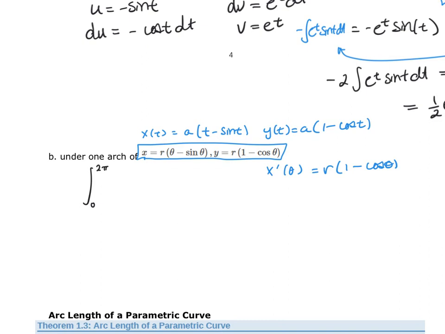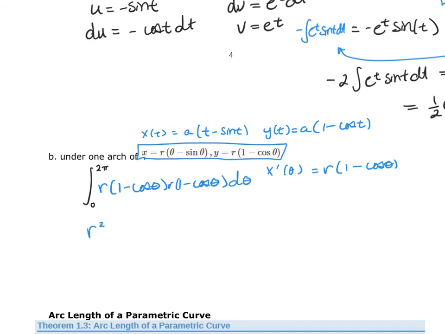So then this is going to be my y of t, which is going to be r times 1 minus the cosine of theta, multiplied by 1 minus another cosine of theta, and it is d theta. Now remember that my t can take on any variable. Just because it's theta does not mean it's not a parameter. So we know that, oh, I forgot my r there. Don't forget my r.